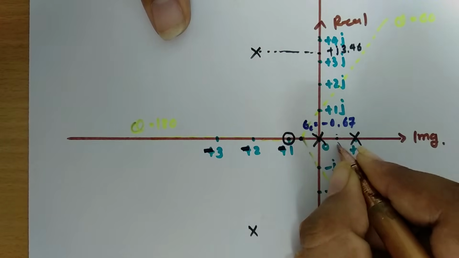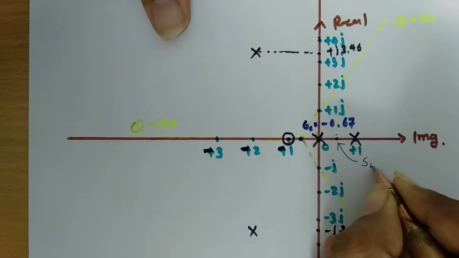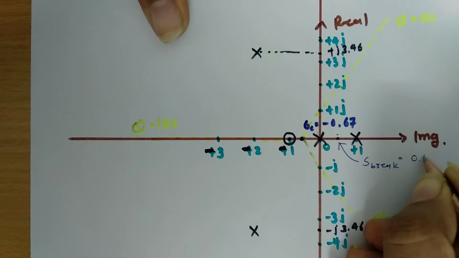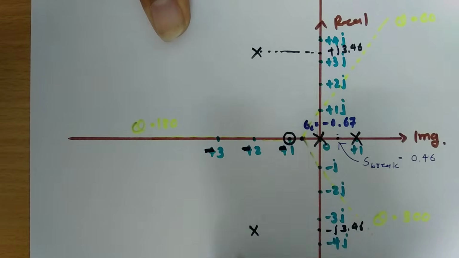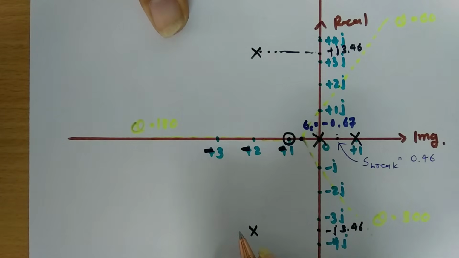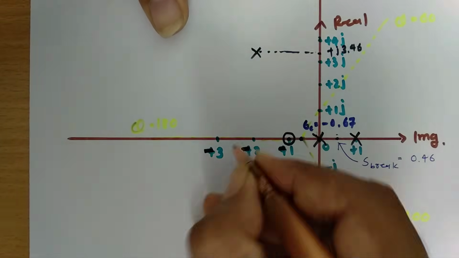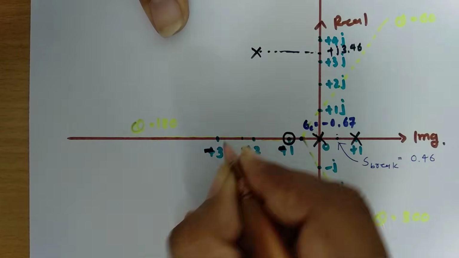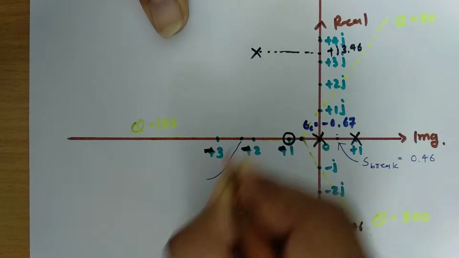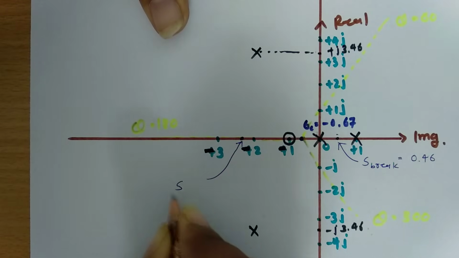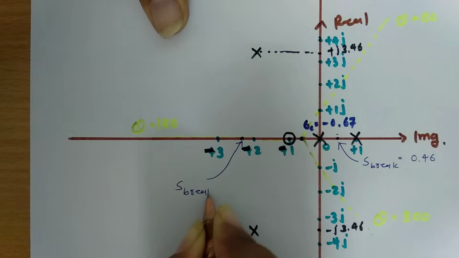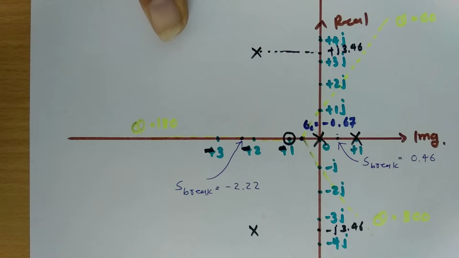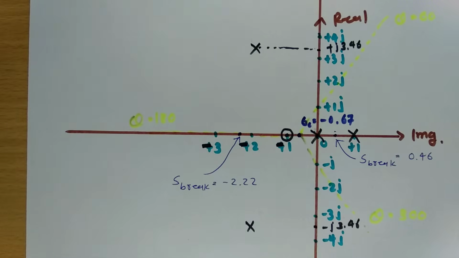This is the breakaway, and that is happening at 0.46, and the second is at minus 2.22. So the second breakaway is happening somewhere over here, and again I am writing it as the breakaway at minus 2.22. So that is how the breakaway is happening.